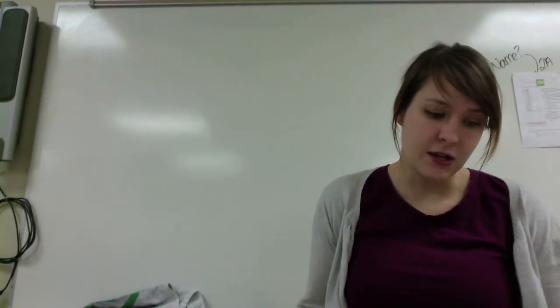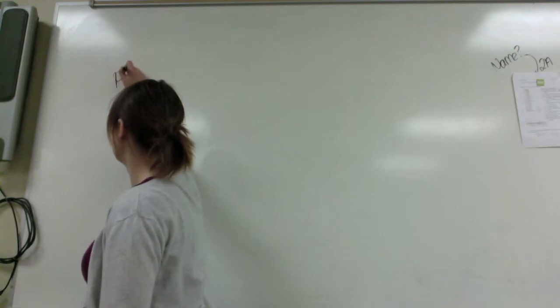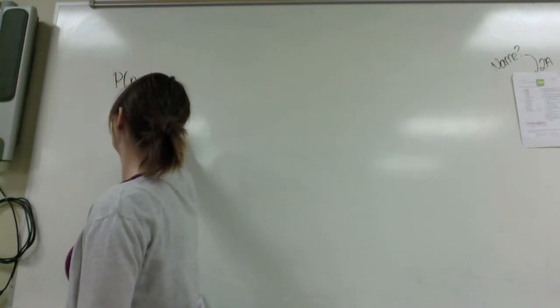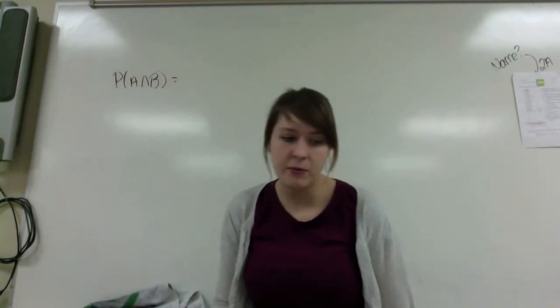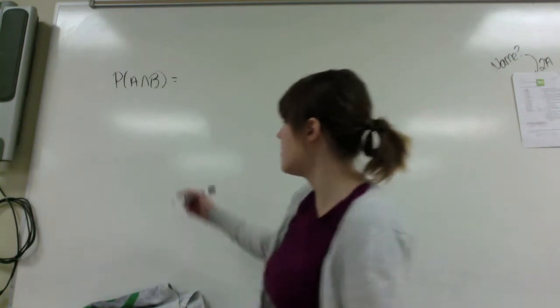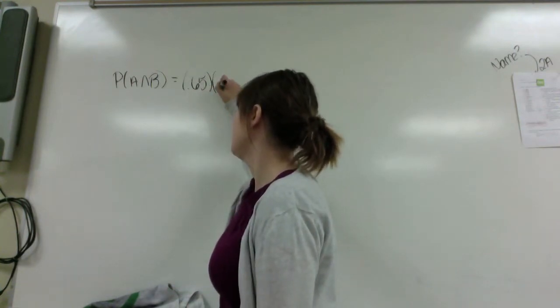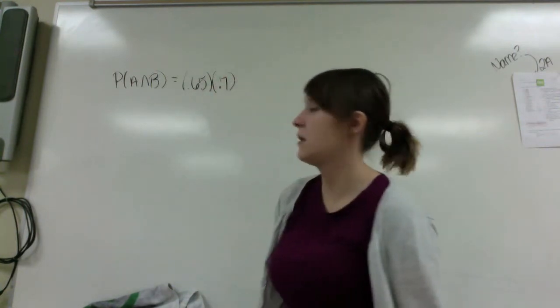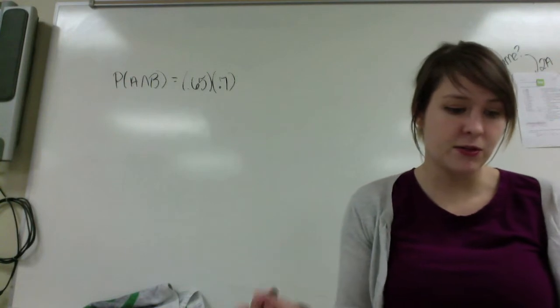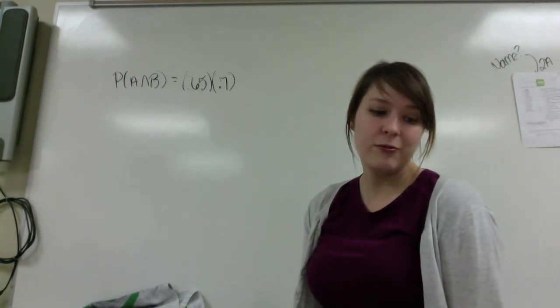So I can use that formula again, and I can say, to find this, I'm going to do my probability of A, which I'm going to say is 0.65, times my probability of B, which is 0.7. So I'm just going to multiply those two together, and I'm going to get 0.455.